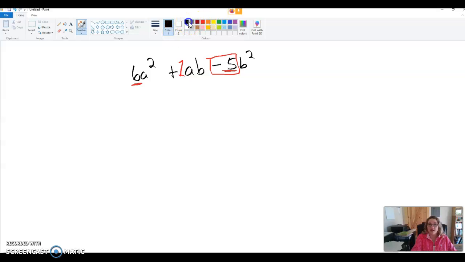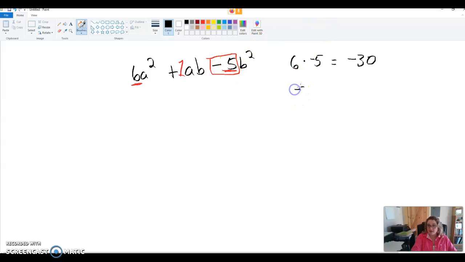So we're going to multiply the 6 times its negative 5, which is going to give us negative 30. We now want to know what two numbers are going to combine together to give us a positive 1, because it's a positive 1 in front of that ab term.